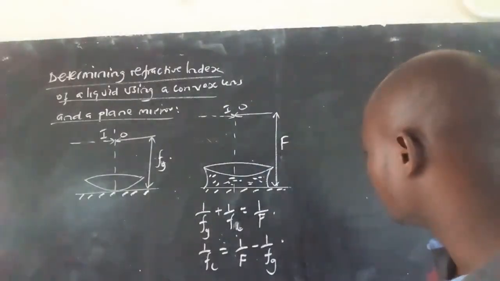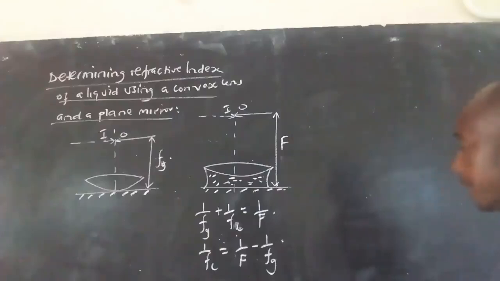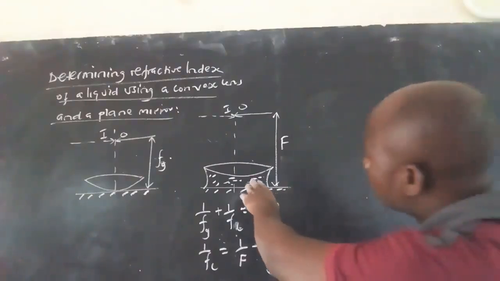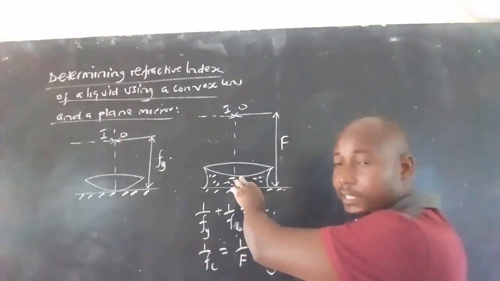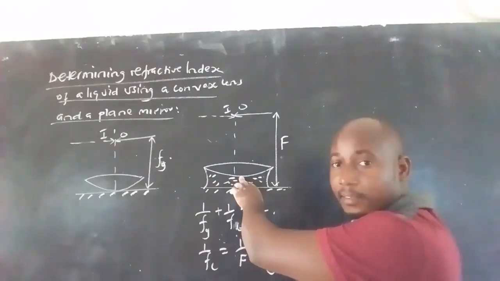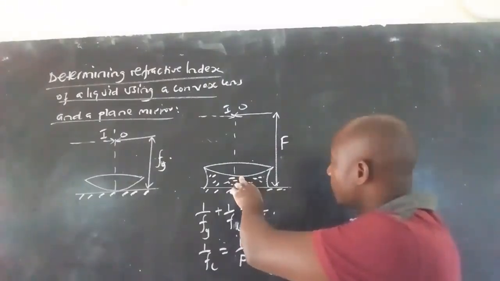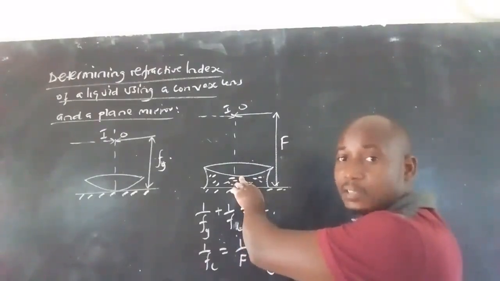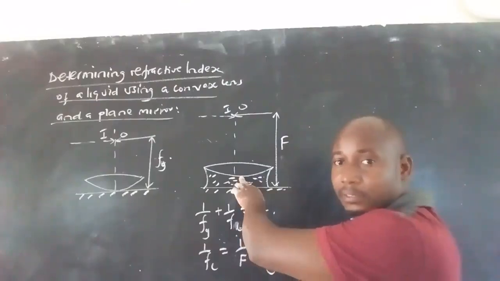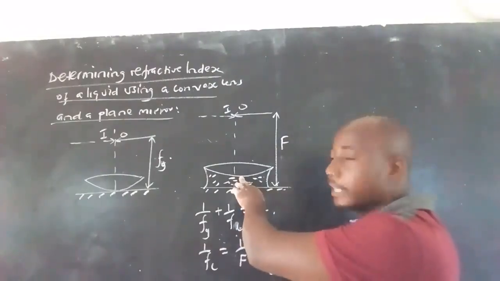Then after that, you say that since the liquid is in contact with the convex lens, the upper surface of the liquid takes up the radius of curvature of the lens.